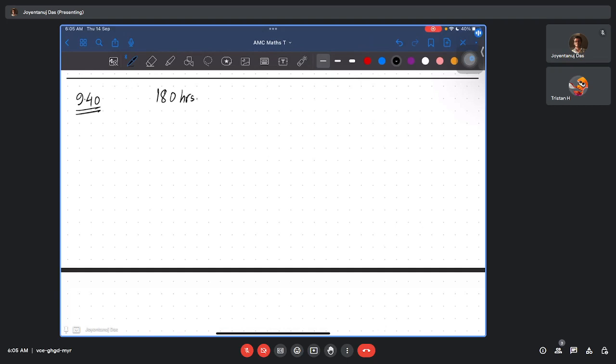Each movie lasts for 2 hours, and I am able to play each video game for 20 hours. I have $600, and each movie costs $10, and each video game costs $40. Okay. So this is the setup.